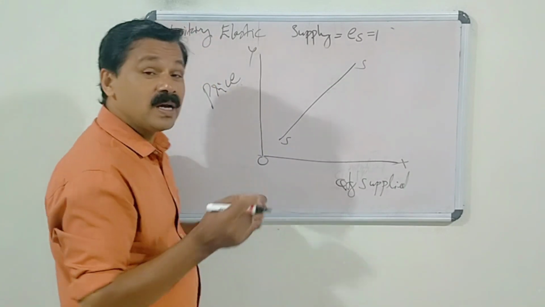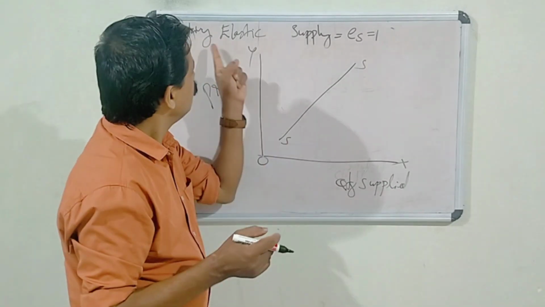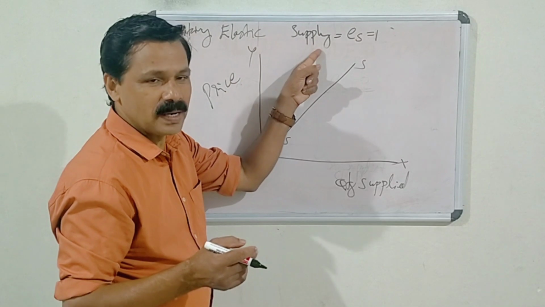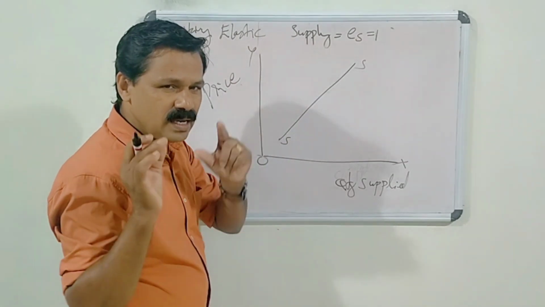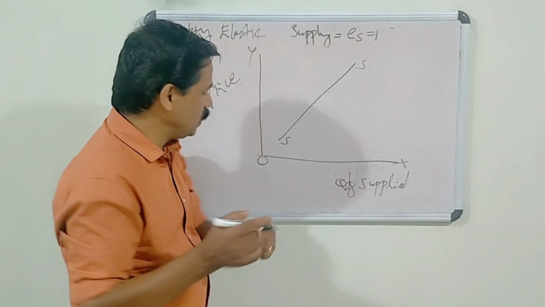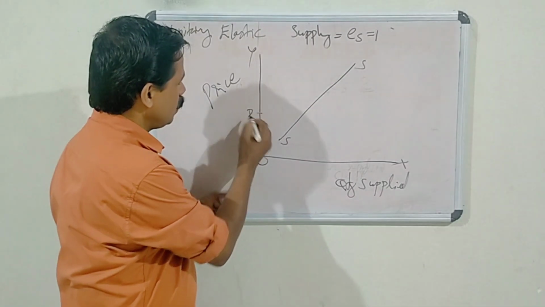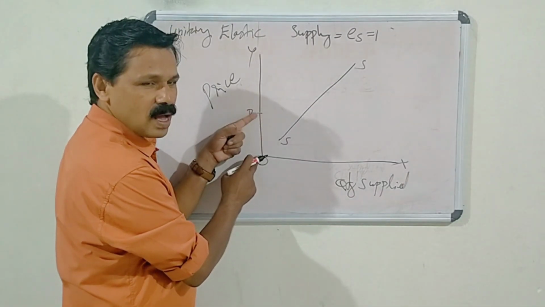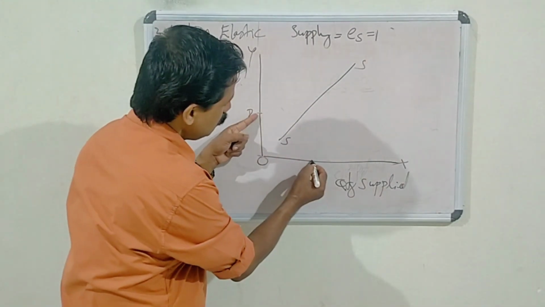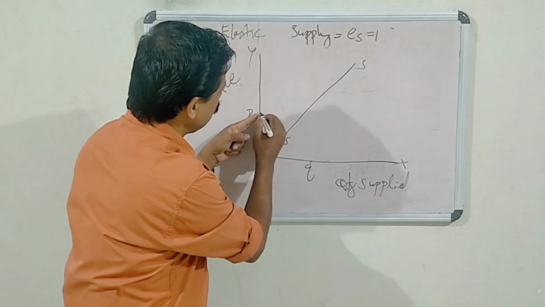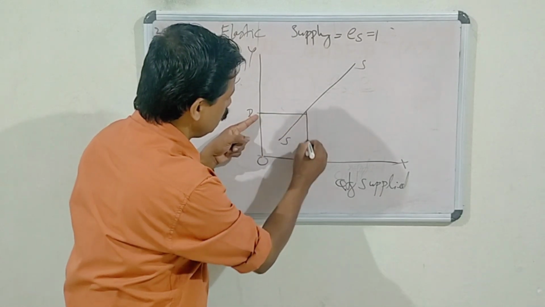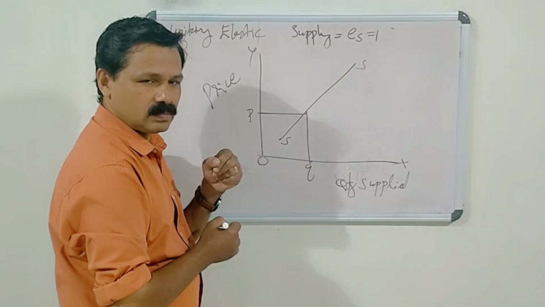Suppose a commodity is facing unitary elastic supply. The initial price which is determined is, say, OP. At OP price, say, OQ quantity of the commodity is supplied.